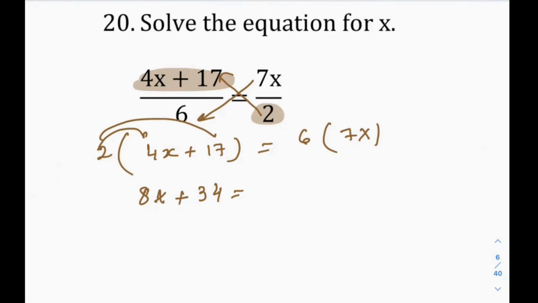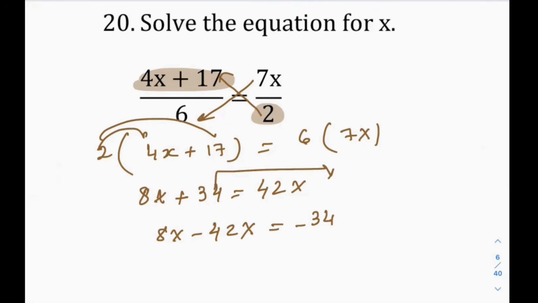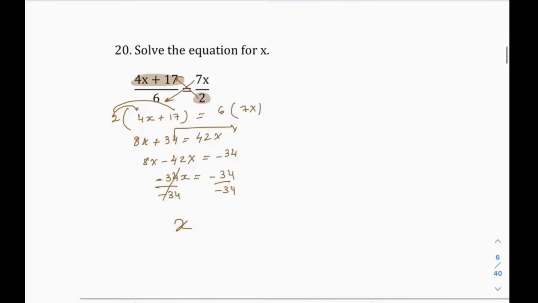It's not multiplication over addition. So we'll put 42x. Combining like terms, 8x minus 42x equals negative 34. 8 minus 42 is negative 34x. And finally, you will divide. And this will lead to x is 1.